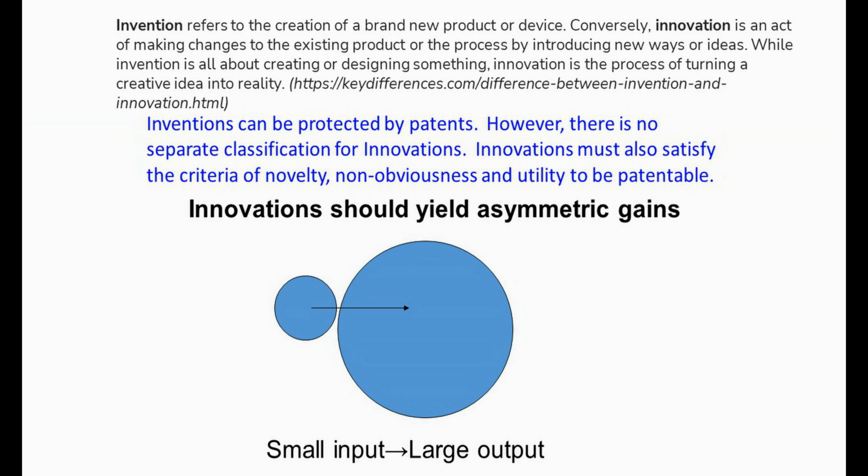This is, of course, always a point which is contested by many. What is meant by non-obvious? What is obvious to somebody may not be obvious to me. And also whether it has potential utility. These are the three criteria on which patents are given, and they are all referred to as inventions.